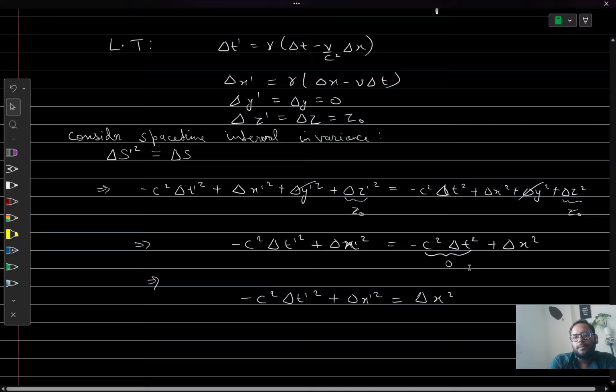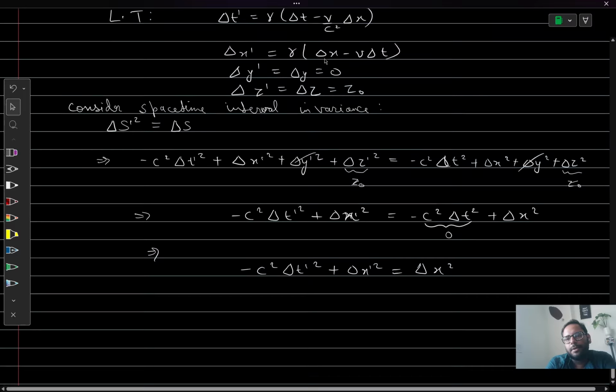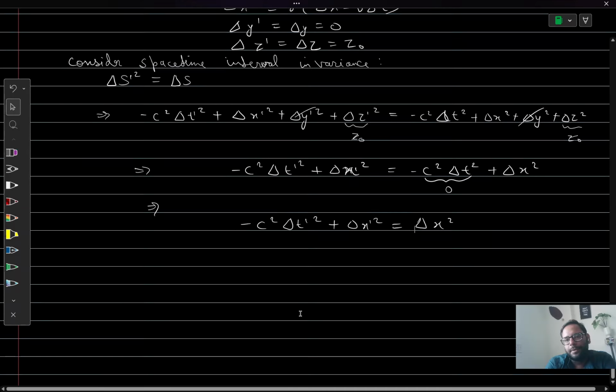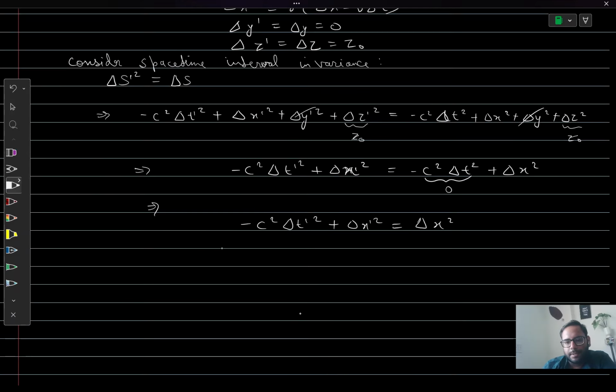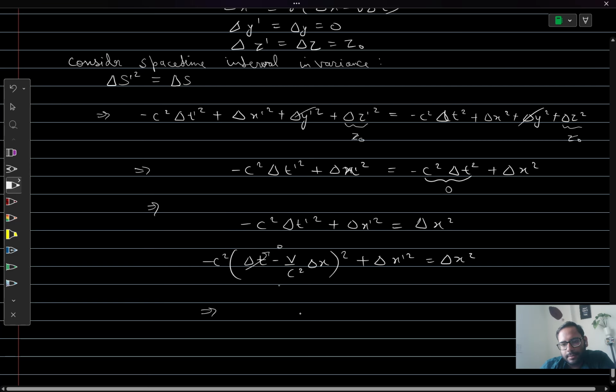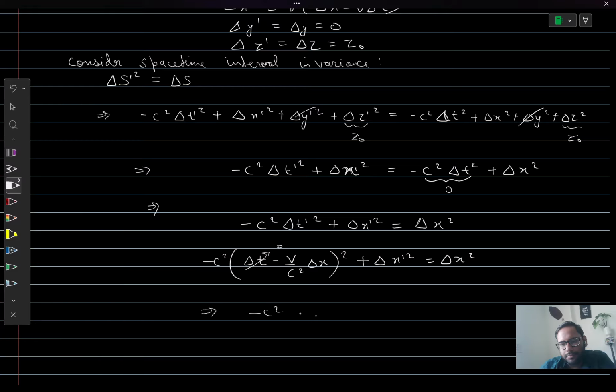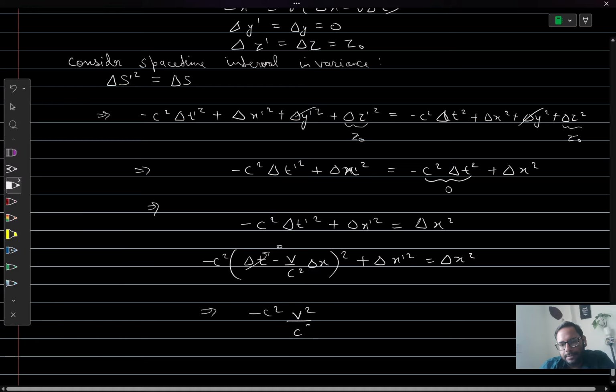Now from this equation you can replace delta t prime here, but it is delta t minus v by c squared delta x, to the whole square. And this is again 0, so first you have to square it, so you will get this thing.